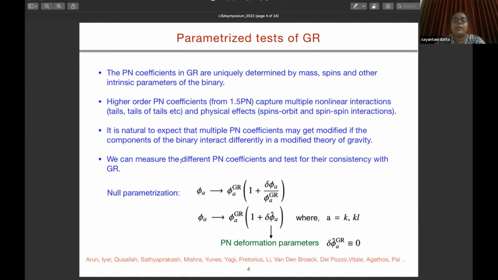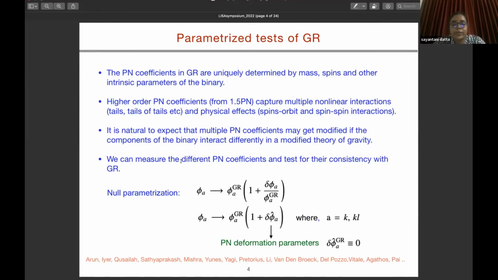For example, the 1.5 PN coefficient has both spin-orbit interaction contribution as well as tails of gravitational waves. So it's only natural to expect that multiple post-Newtonian coefficients may get modified if the binaries interacted differently in a modified theory of gravity.